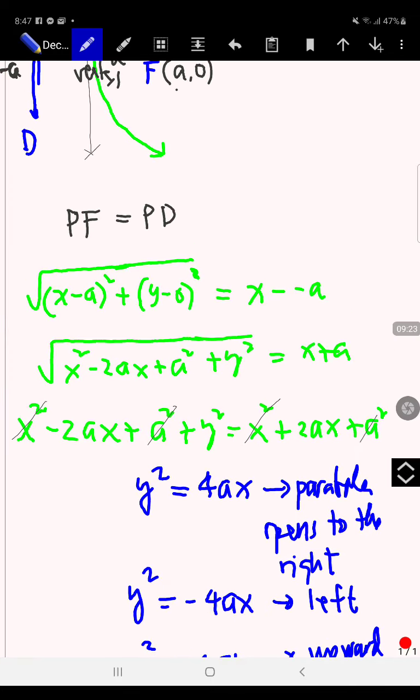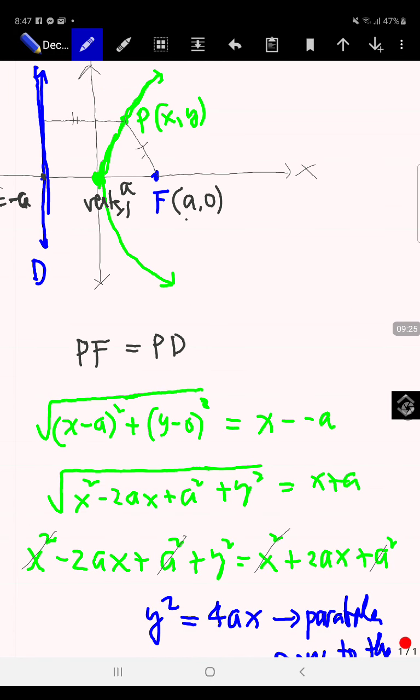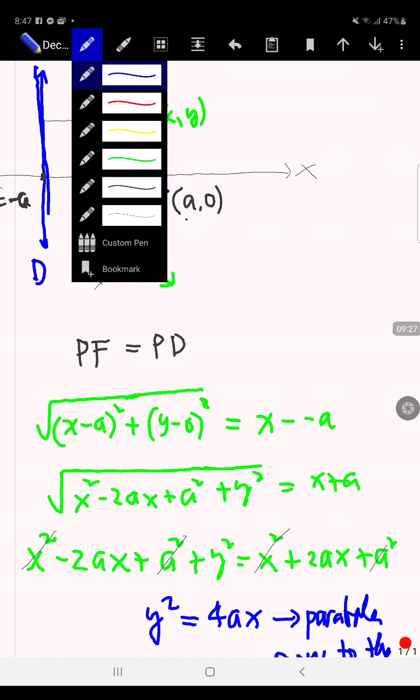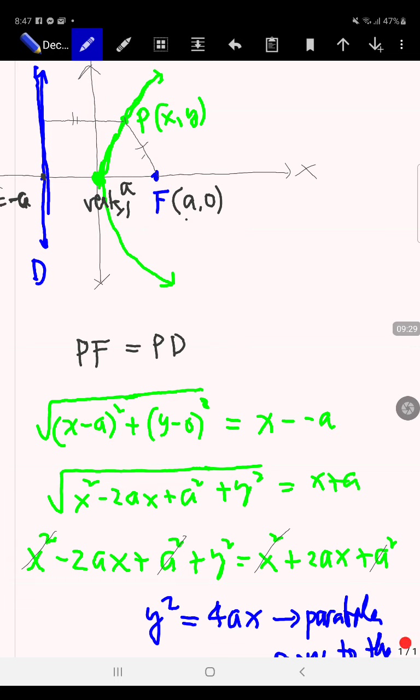Going back to our figure, a parabola has a focus and a directrix. The line passing through the vertex and the focus is called the axis of symmetry. In this case, it coincides with the x-axis.